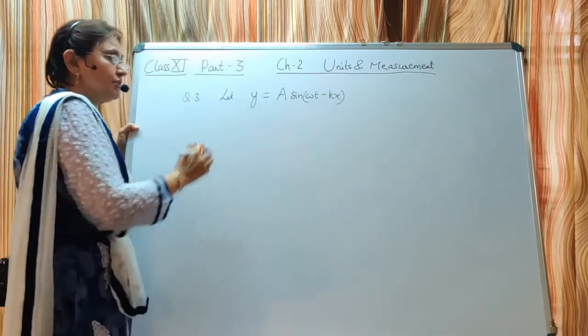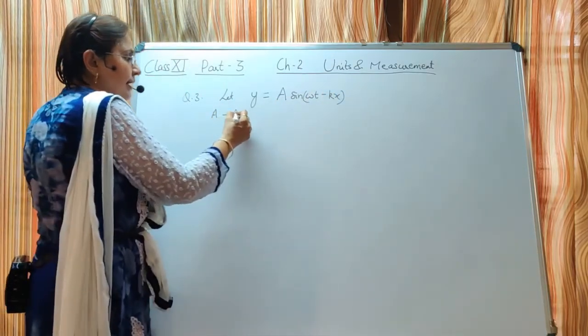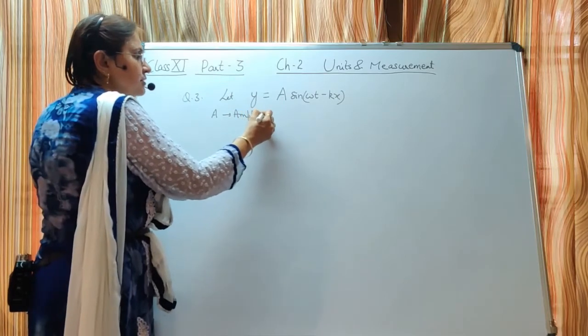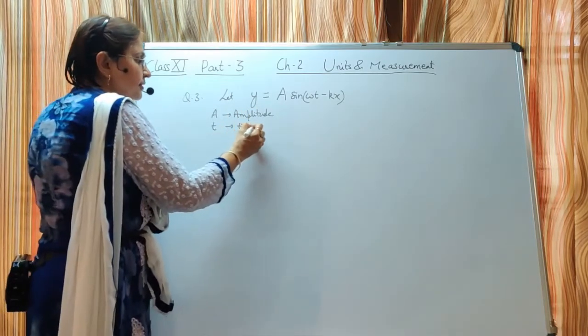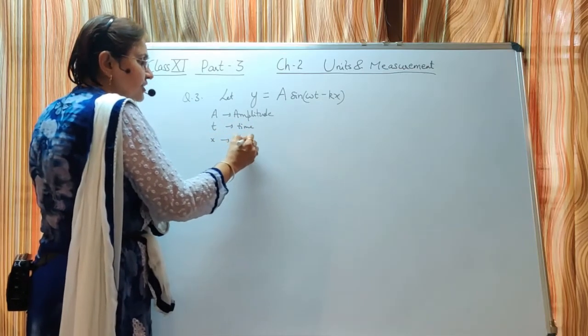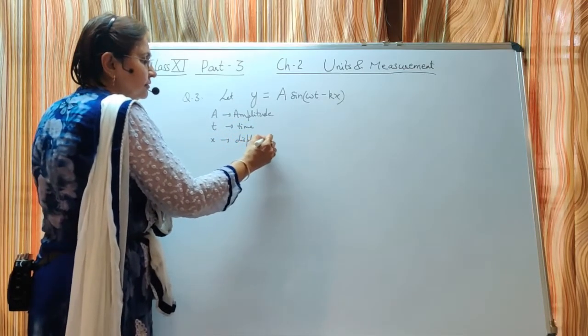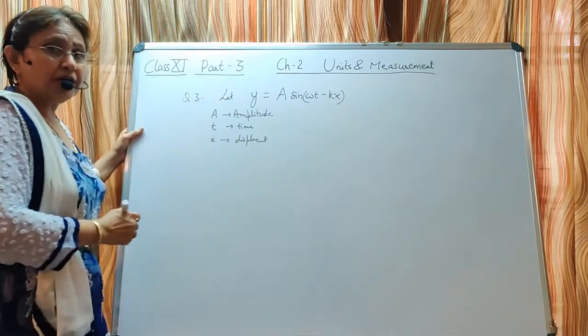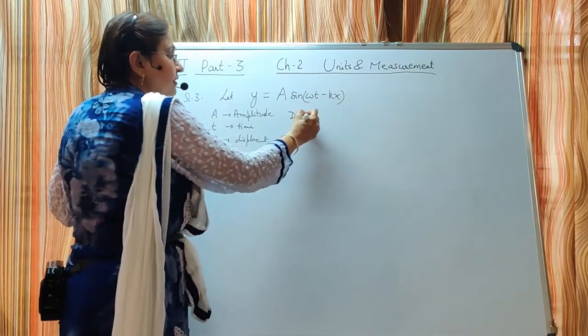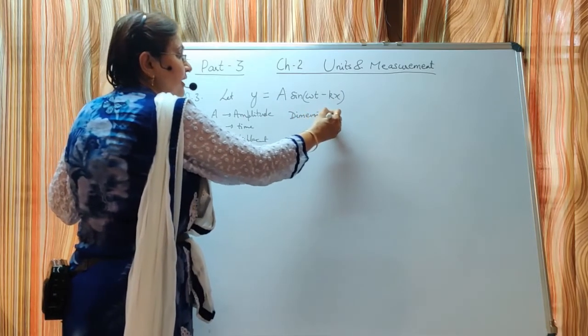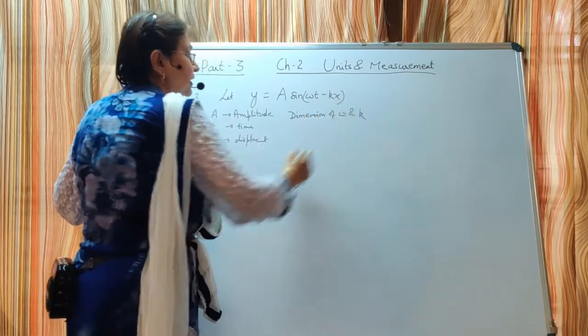Here A is the amplitude, which means the maximum displacement, t is the time, and x is the distance or the displacement. Now you have to find out the dimension of omega and k.